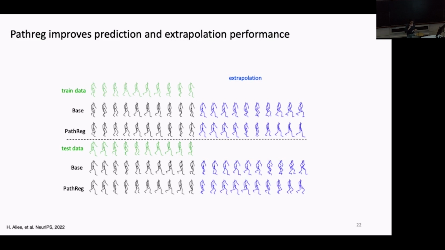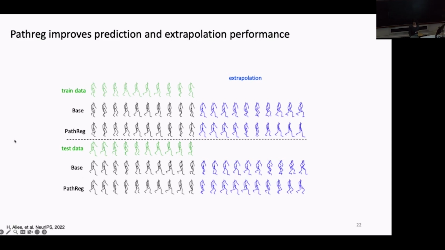So the idea is that when someone is walking, the hands might move with the legs, and we try different motions, and we wanted to know if the model learns the true causal relations between variables. So hands move with the legs, but if I hold a box, then my hands are maybe not consistent with my legs anymore. So there should be no causal relation between my hands and legs.